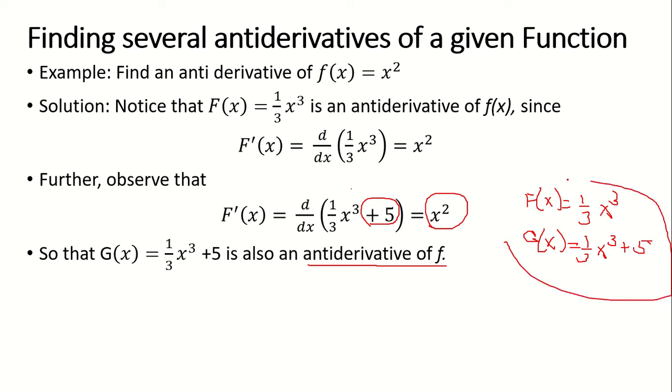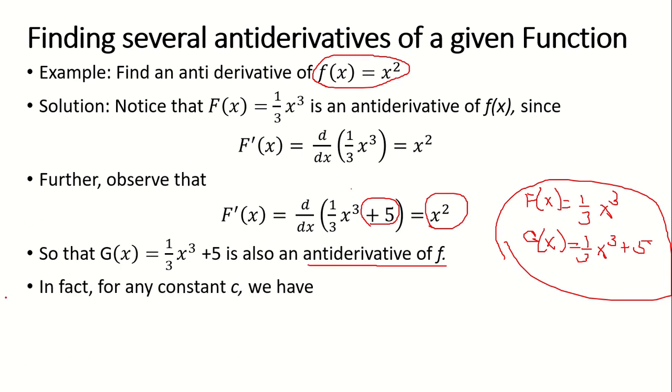Okay, these are antiderivatives of f. This function. Antiderivative yan ng function na to. Small f of x is equal to x squared. In fact, sabi dito, for any constant c, we have the derivative with respect to x of 1/3 x cubed plus c is equal to x squared.